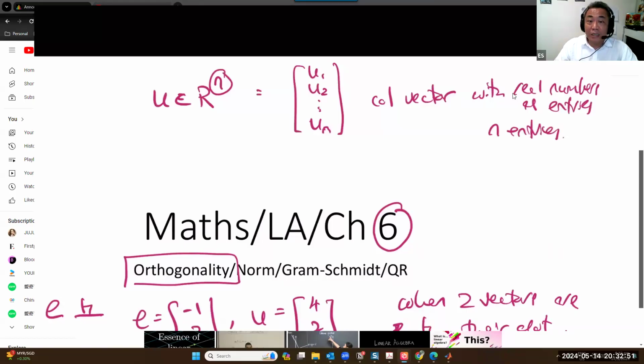So that little Rn means I am a column vector. Each of these elements is a real number, and there are n of them. So we always write it as a column vector.